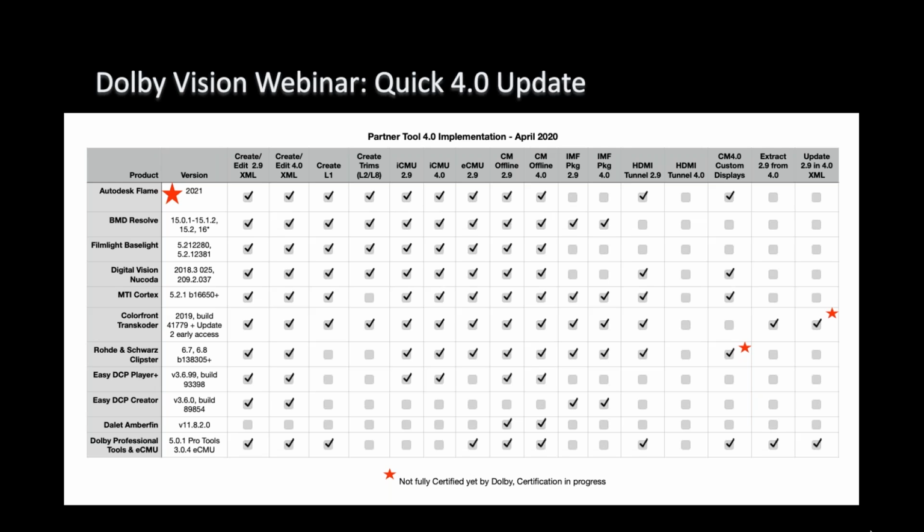Yeah, so in 4.0, one of the features that we enable is the ability to create a custom mastering or custom target display. On the mastering display side, you can create, let's say, a 1600 nit mastering display, something that's not in the list.